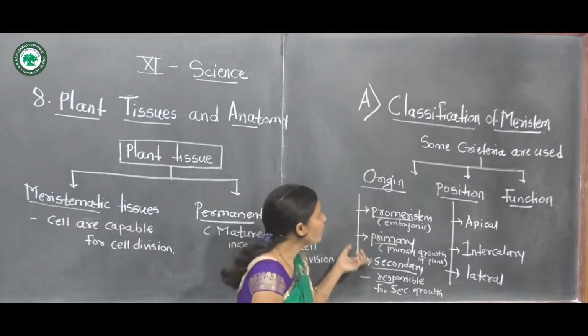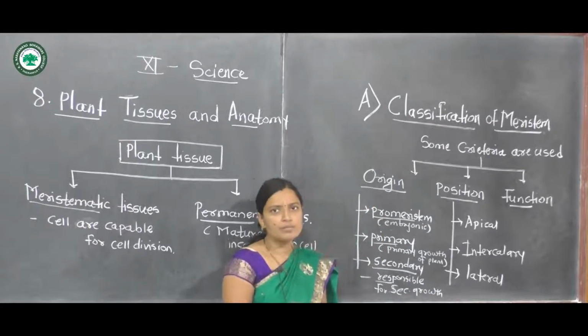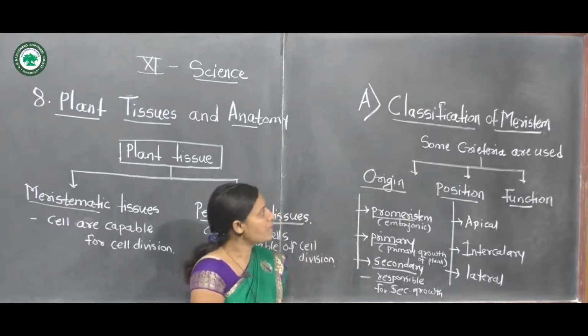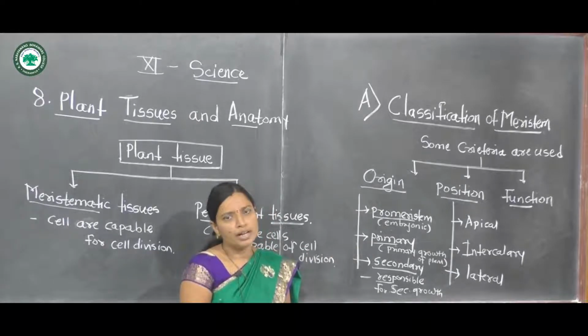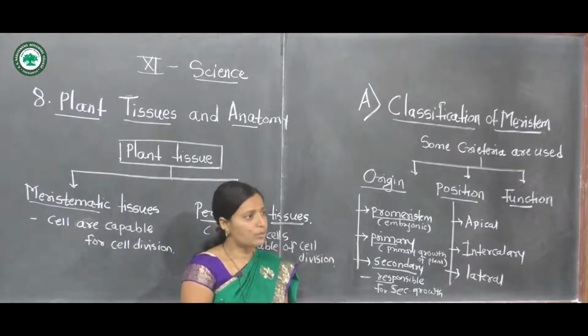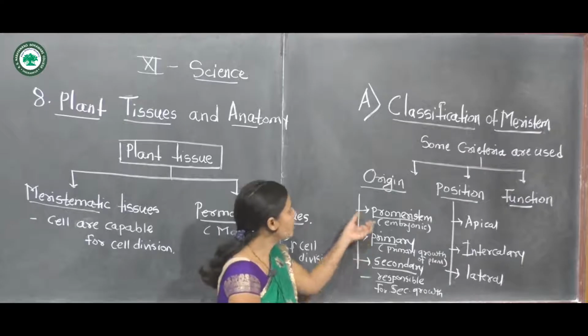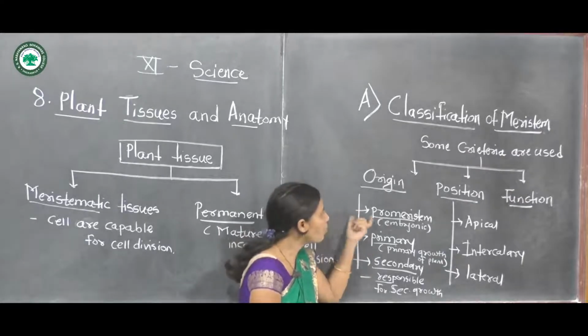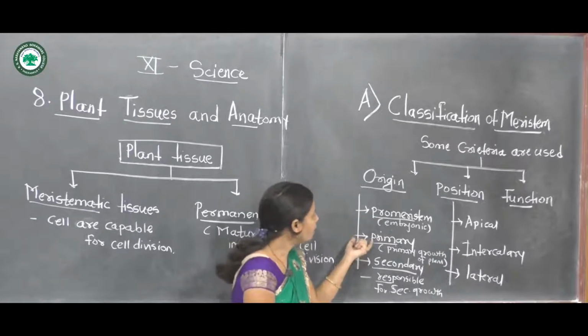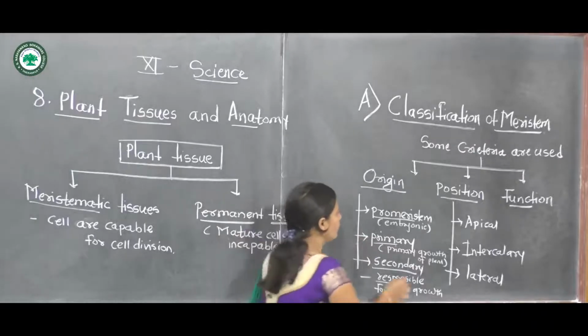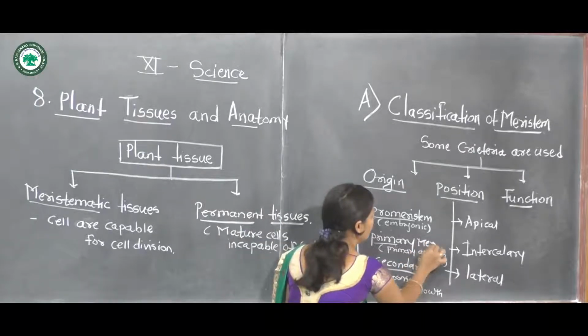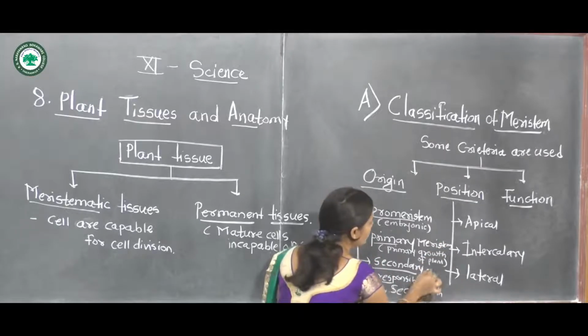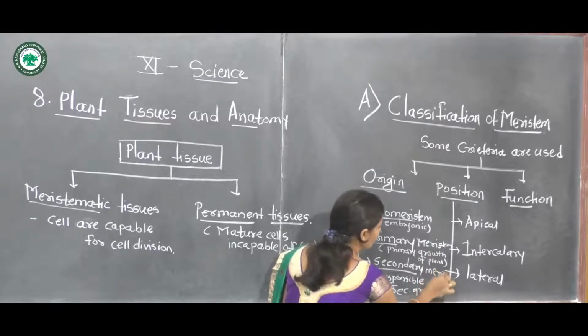Now the first one, origin. Meristem is classified on the basis of origin, and there are three types. The first is promeristem, the second is primary meristem, and the third is secondary meristem.